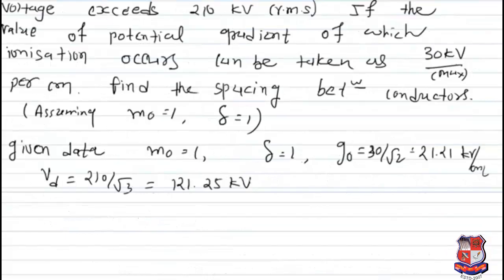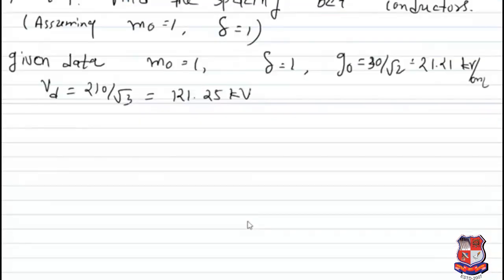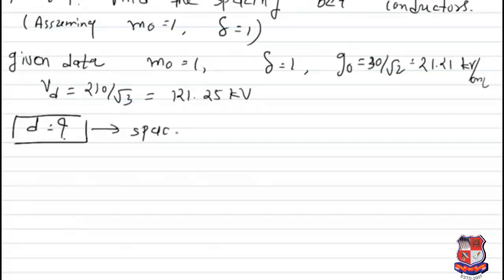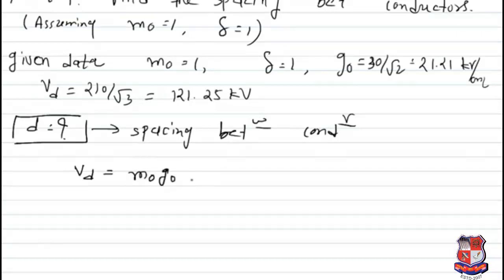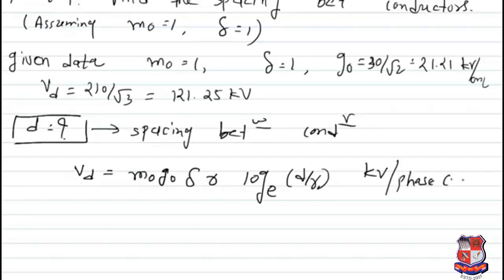Now what we can find, that is the D, the question mark. D is the spacing between conductors. Now what is the equation? The equation is Vd equal to m0 g0 delta r log e d by r kilovolt per phase RMS.